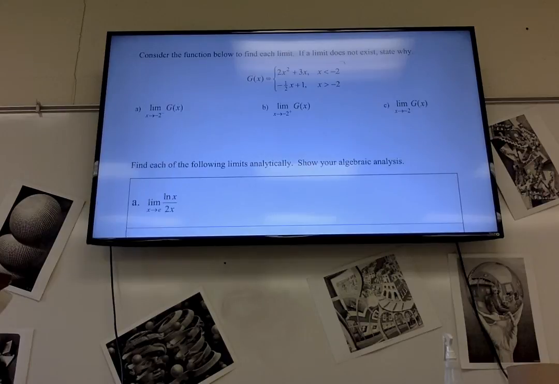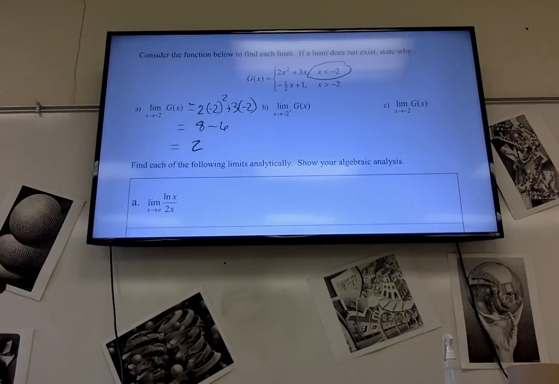Yeah, from the left means that it's less than negative 2. So we're going to plug negative 2 into that first one. So it's 2 times negative 2 squared plus 3 times negative 2. Negative 2 squared is 4 times 2 is 8. And 3 times negative 2 is negative 6. Be careful.